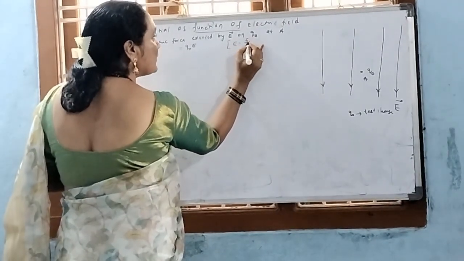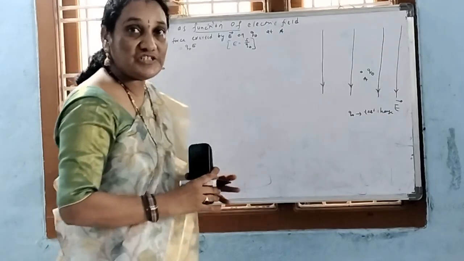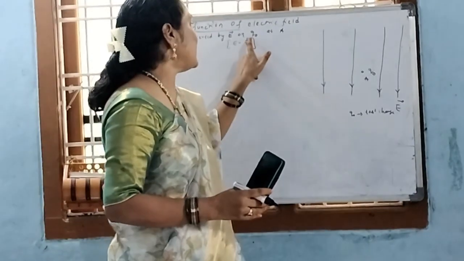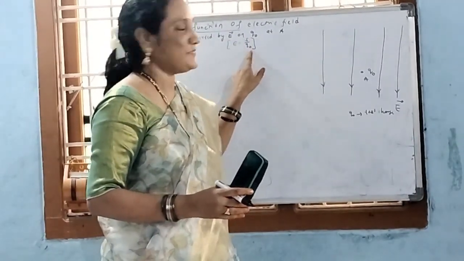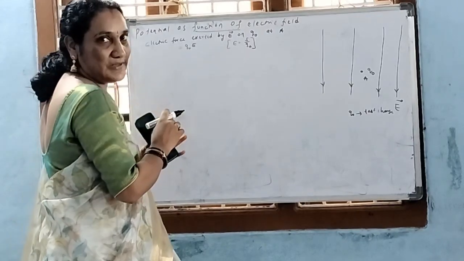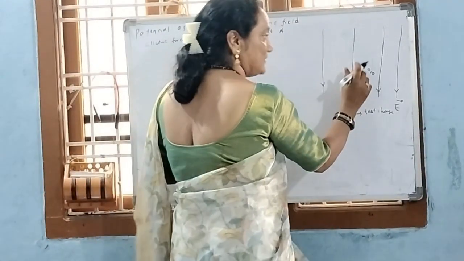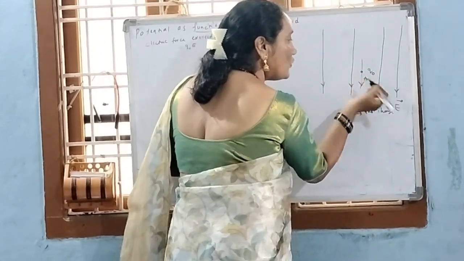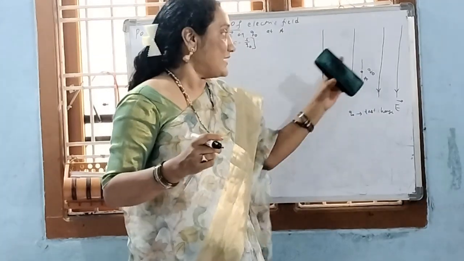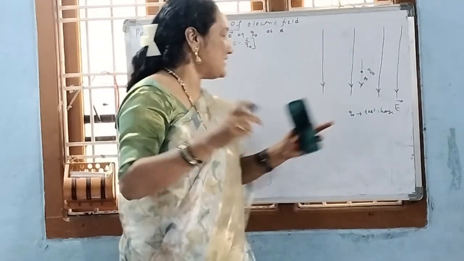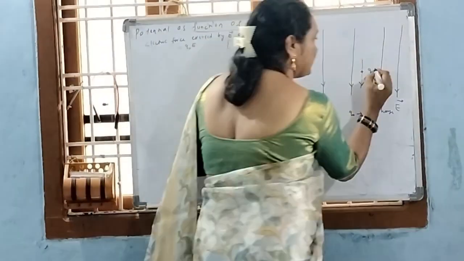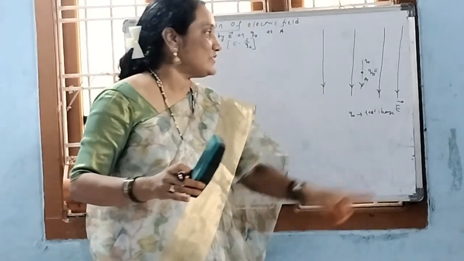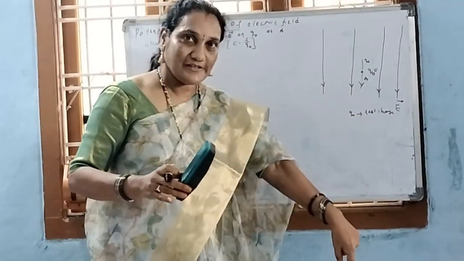Electric field is nothing but the force experienced by a unit positive charge, as we defined in earlier videos. So the electric force is equal to the electric field times Q0, that is Q0 E. The direction of this force Q0 E will be along the direction of the electric field, pointing downwards.